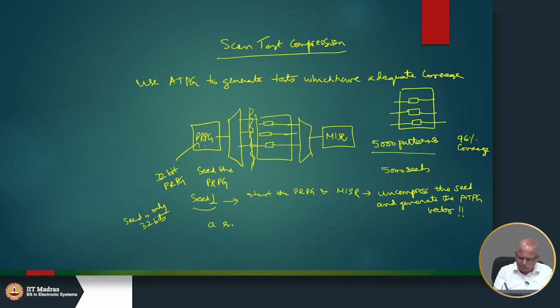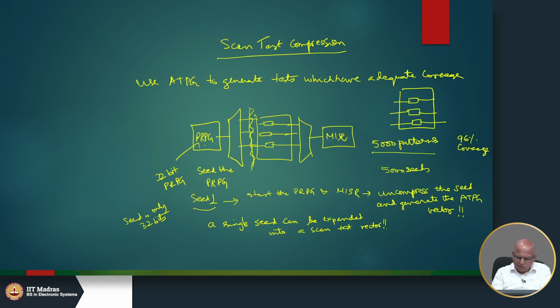So, a single seed can be expanded or uncompressed into a test vector, into a scan test vector. Okay. If we can do this, then we have sort of made a great amount of progress, right.